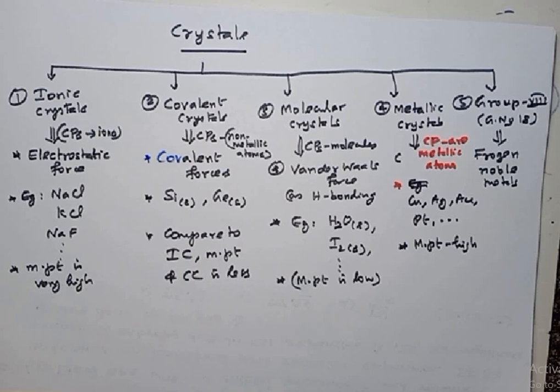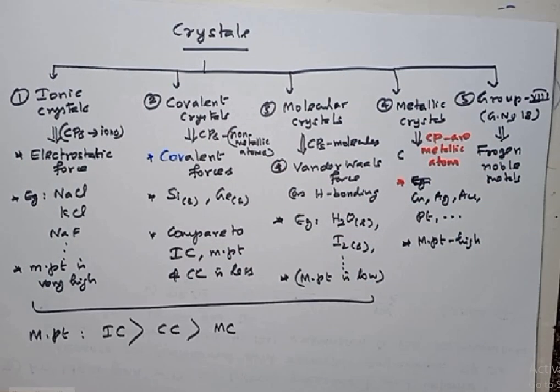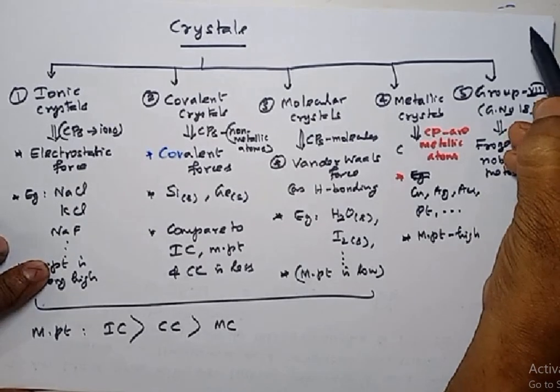They form a different class of crystals, and we are going to discuss that separately at the end of this chapter. So these are the different types of crystals we have. In the case of metallic crystals, let me show you on the next page.